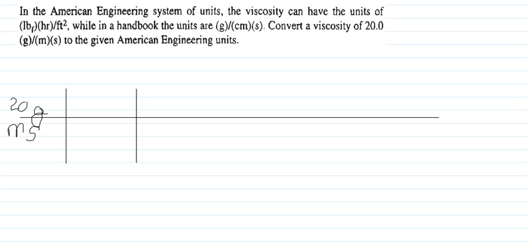First we want LBF hour per foot square, but we do not have LBF here, and it's on the upper side of the division. So we will write 1 LBF over here. We must find a relation of LBF with mass, because we do not have a direct relation between gram and LBF.